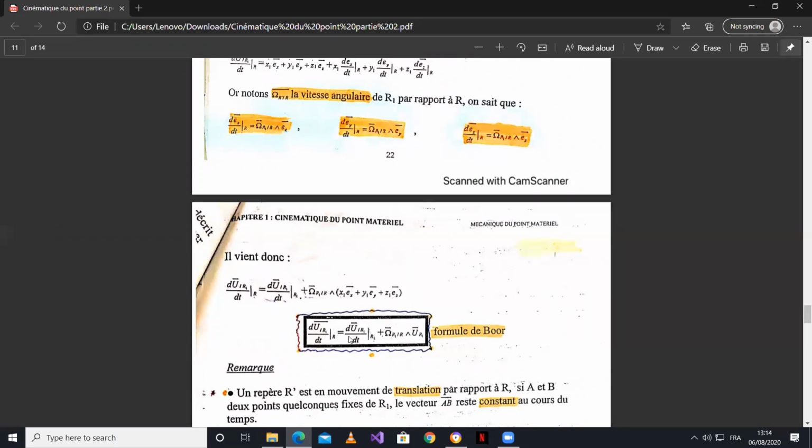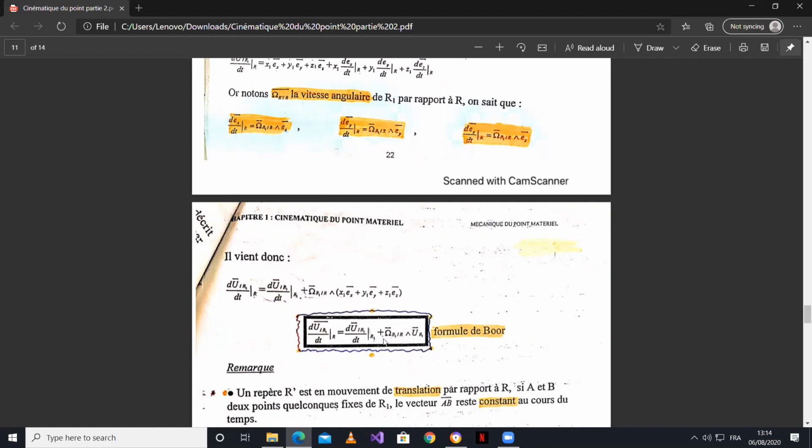So if it's been written in R1, that's its referential, you will first derive it in that same referential R1 in which it's been written. Then you will add this term here to show you that this referential, this expression has been written in, is in movement with respect to this other fixed referential.